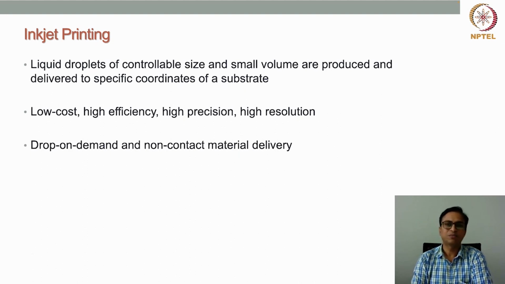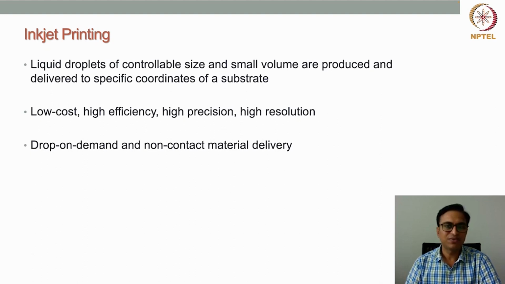So here, the cost of this printing technology is not very high. So this is a low cost technology, but it is highly efficient because some of the printers are capable of producing liquid droplets of several hundreds per second.